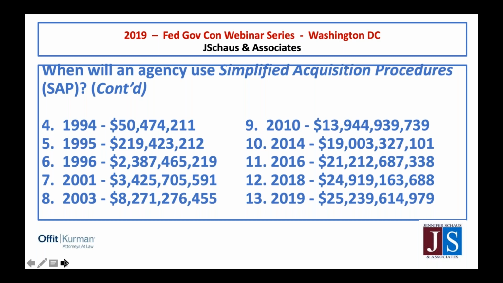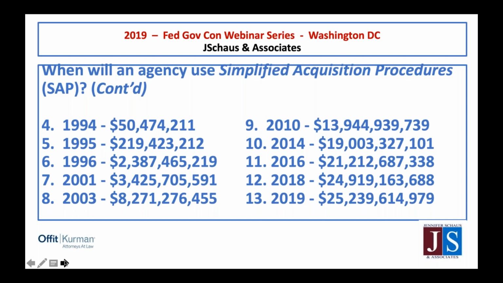And so that $25 billion that you see there for 2019 is more than that for sure. How much more? It's a little hard to say. But what I hope this shows businesses that are listening, in particular small business, is that this has become a much more common procedure, and it's something, if you're a small business, that you should consider as part of your arsenal in terms of winning government work.